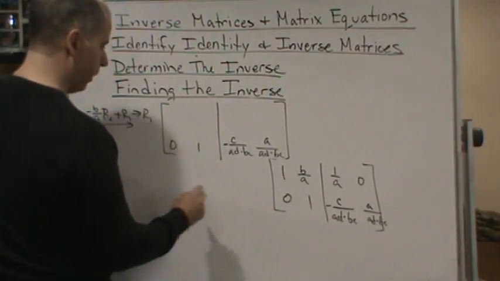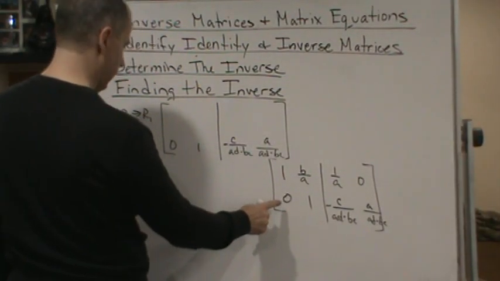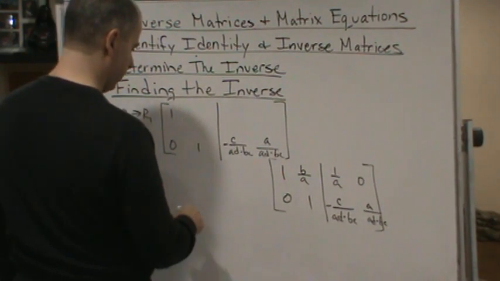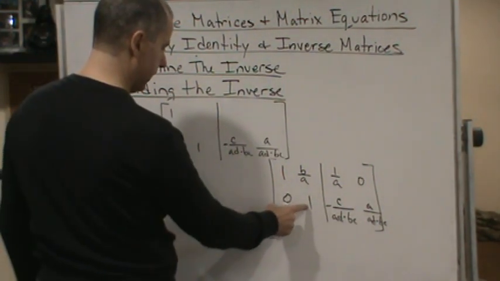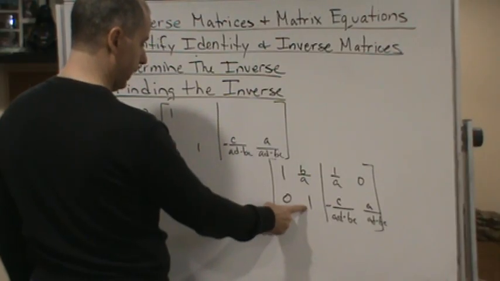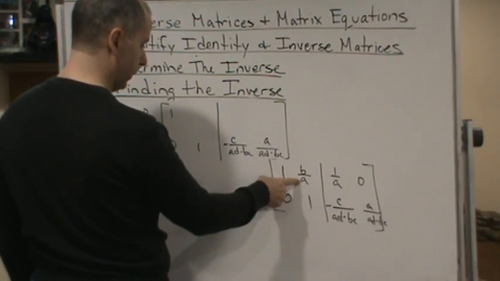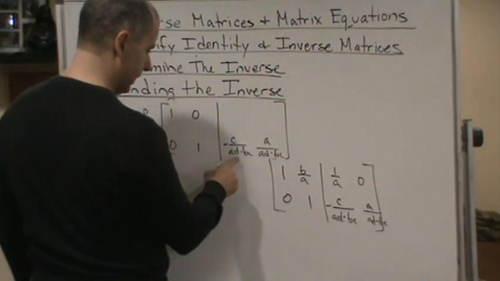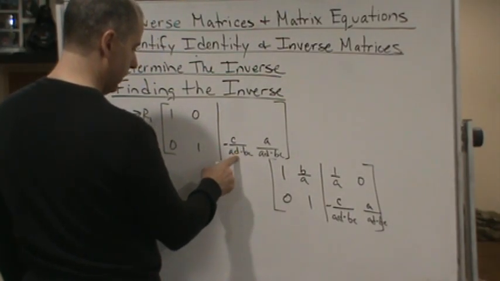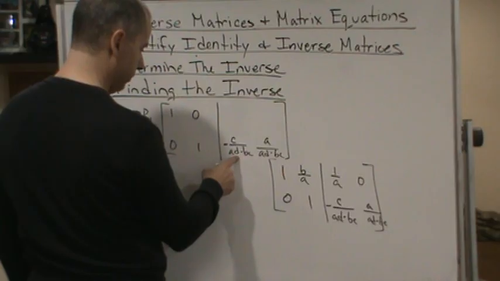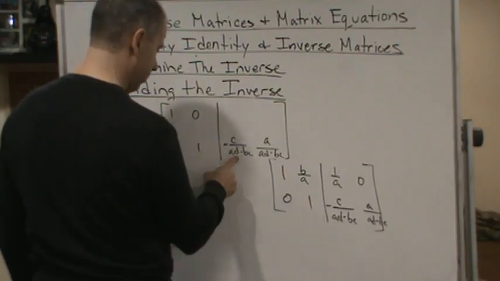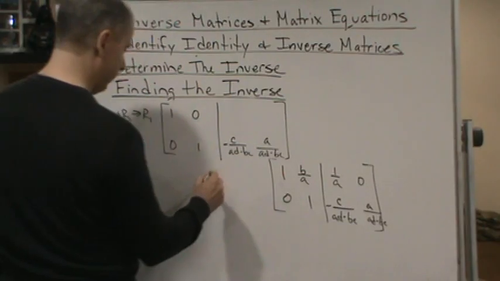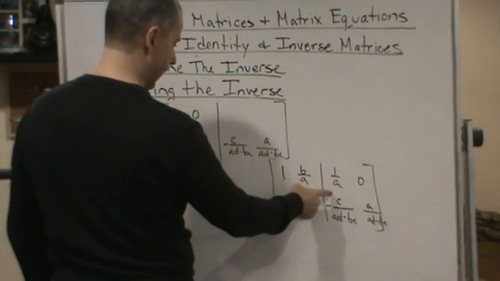Okay, now what are we going to do? We're going to take negative, so this is going to stay the same, right? 1 is going to stay the same. Now we're going to take negative B over A plus B over A, which is 0. Now we're going to take negative B over A times this, and we're going to add it to this.